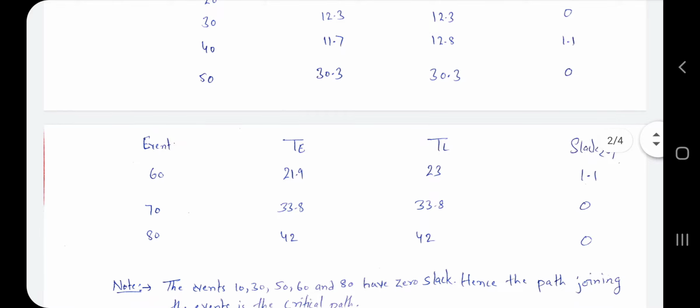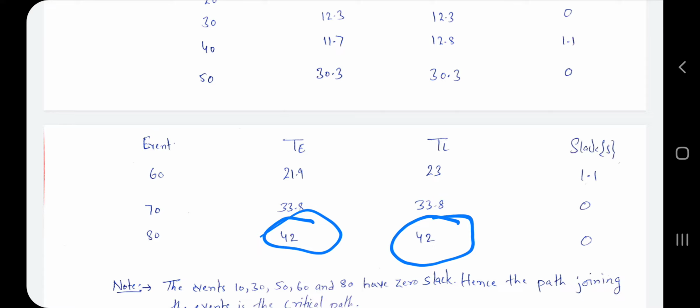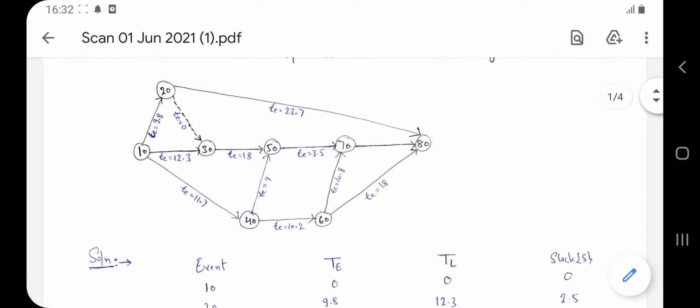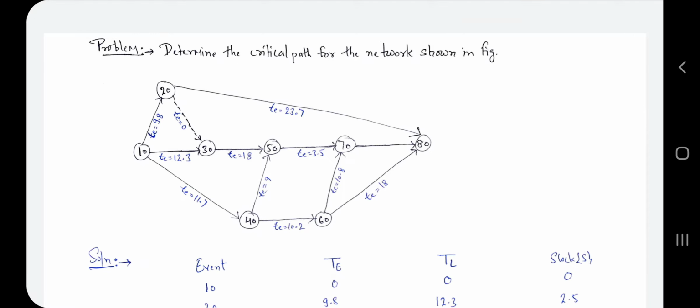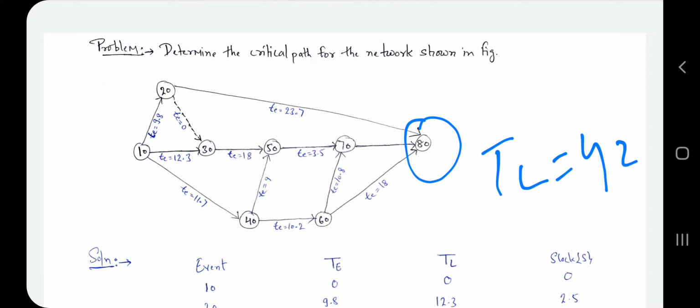Here our last TE value is 42, so we take the last TL value as 42. In TE we follow the forward path, but in TL, the latest occurrence time, we follow the backward path. So the last value is TL equal to 42.